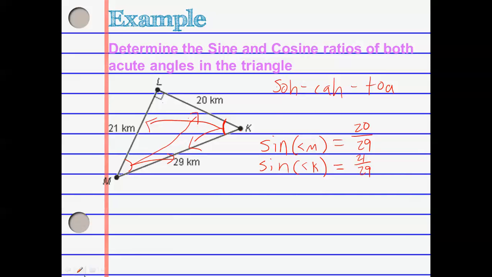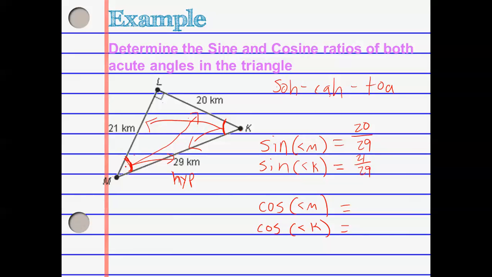Now they want us to do the cosine of both of these angles, cosine of angle M and cosine of angle K. If we look up here, cosine is adjacent over hypotenuse. We know the hypotenuse is 29, and that's going to stay the same no matter what.